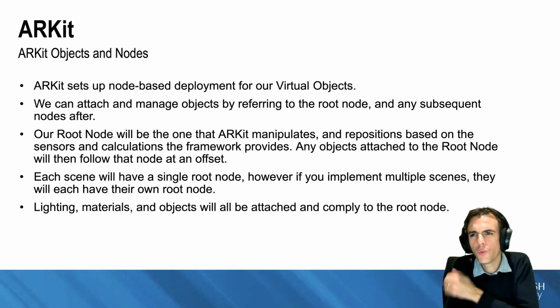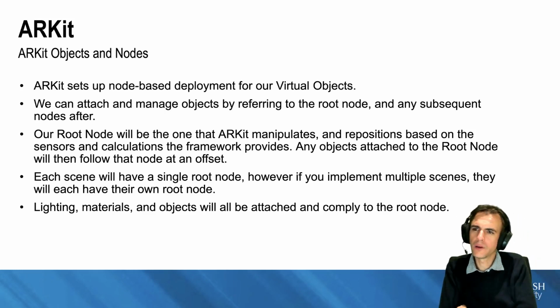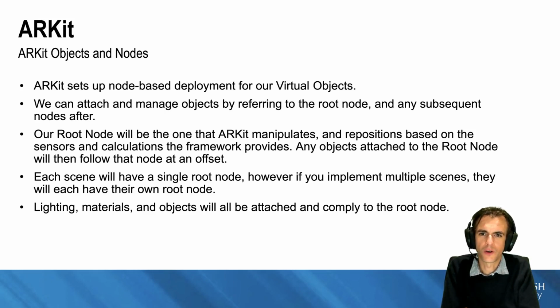If we want objects to appear in our augmented reality, then we do that by attaching and managing objects that refer to different nodes within our scene. We have a root node, and this will be the one that ARKit manipulates, and it repositions based on the sensors and calculations that the framework provides.